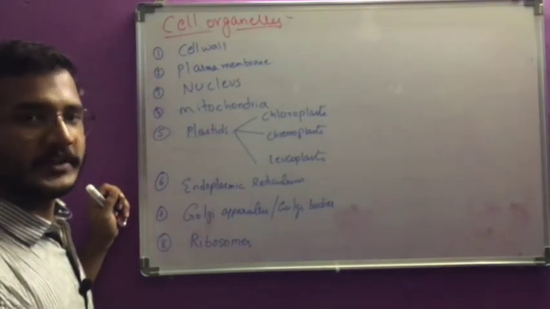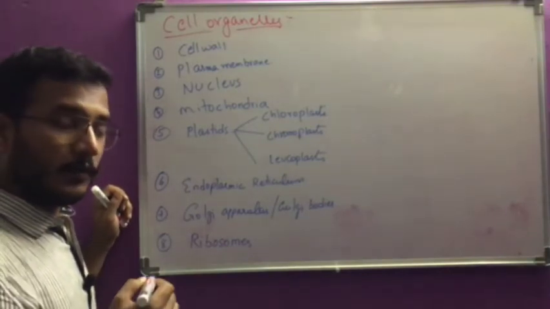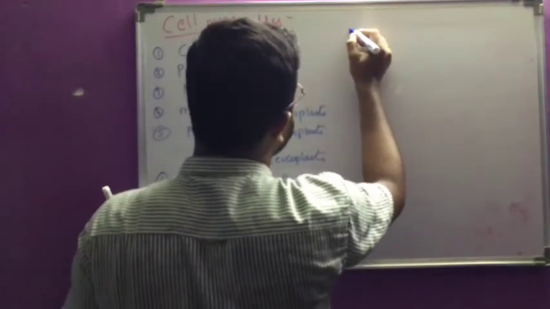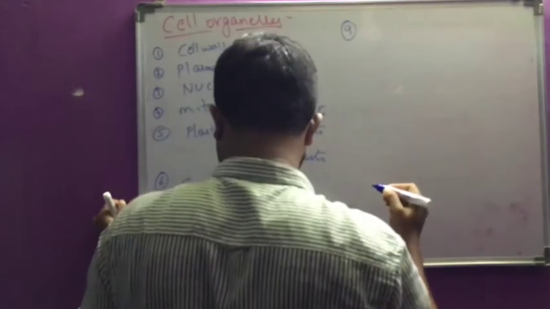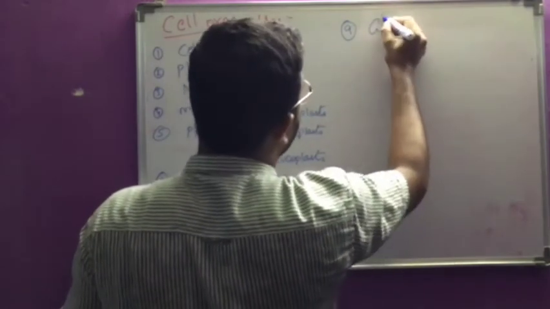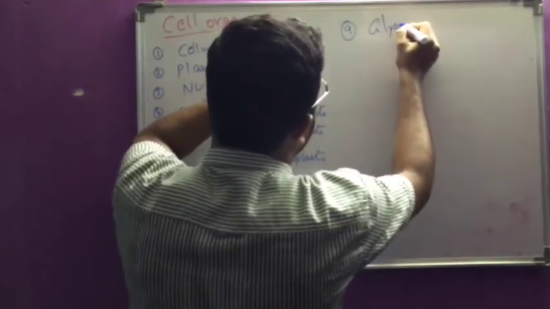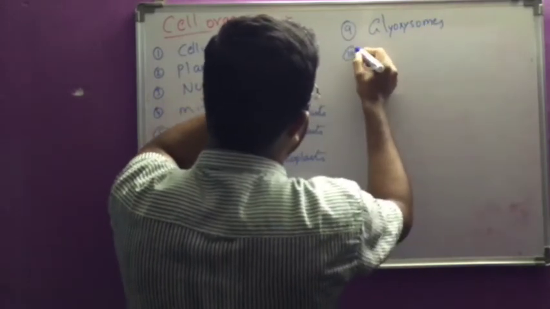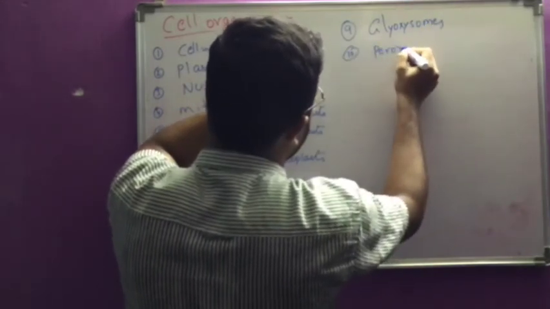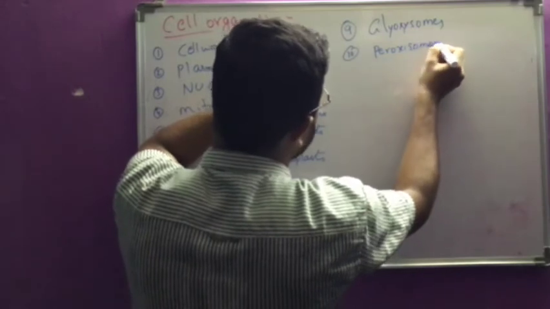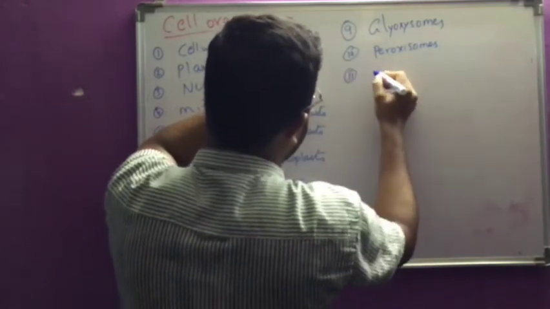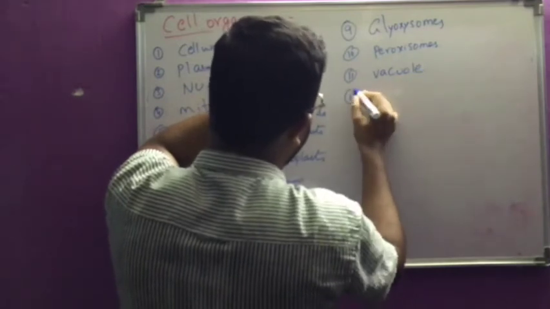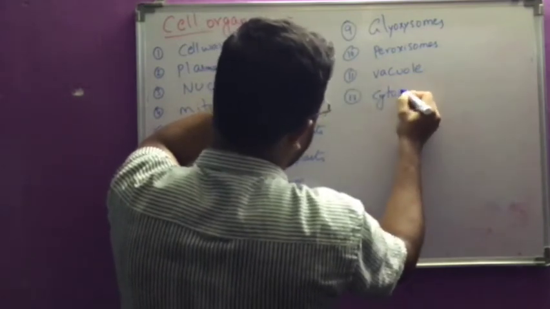What are the subunits present in them? And what is the function of those ribosomes? We will discuss. Glyoxysomes, peroxisomes, and one more important, vacuole, and cytoskeleton.